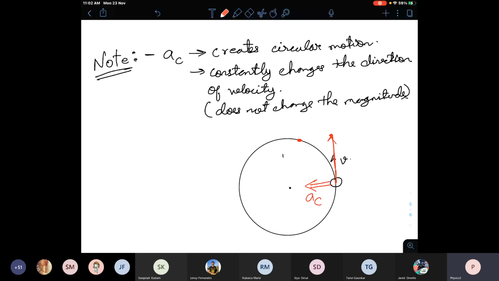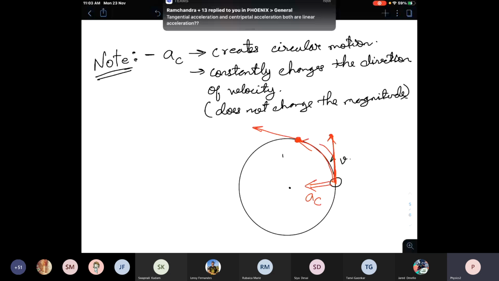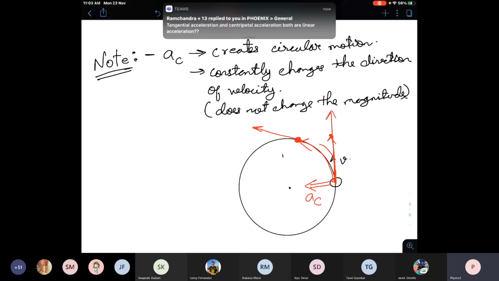So because of that force, the particle is bent in this direction, and instead of going in a straight line, it goes in a circular path like this. When it is at this point now, you can see that its velocity is like this, and you can clearly see that its velocity should have been like this.